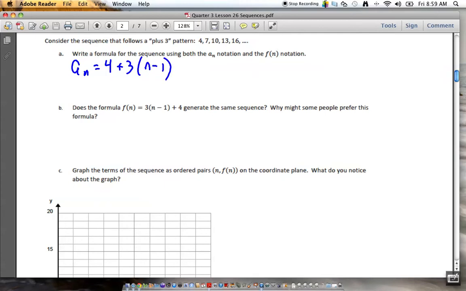Agree? Right? Okay. Now, it also says using f of n notation. F of n is another way to write it. It's the same exact thing.